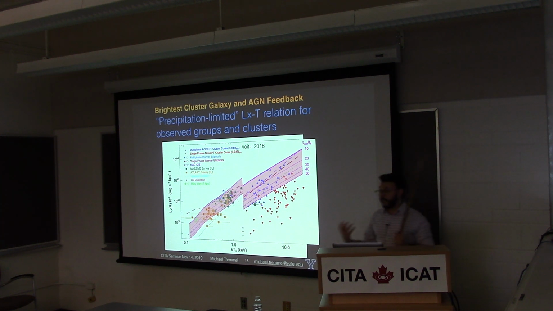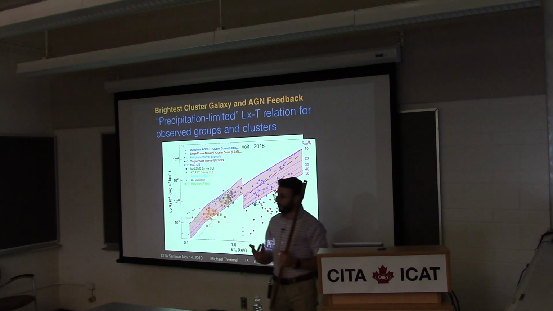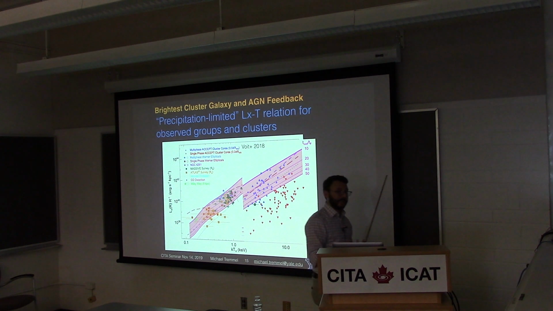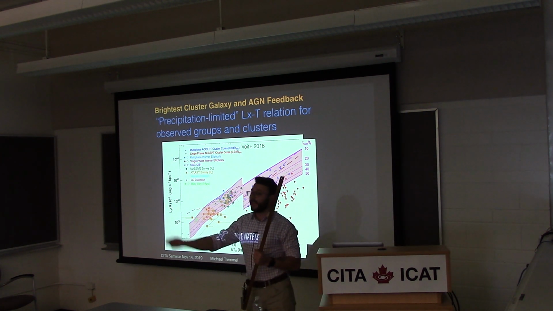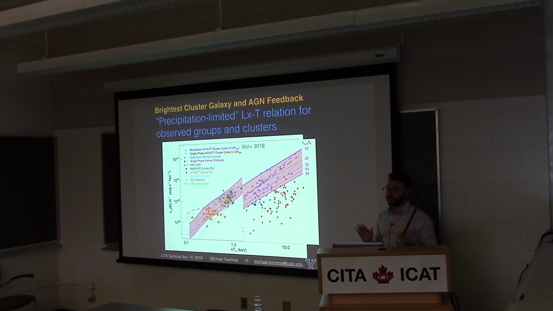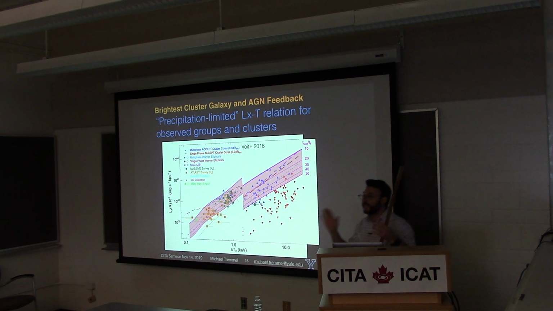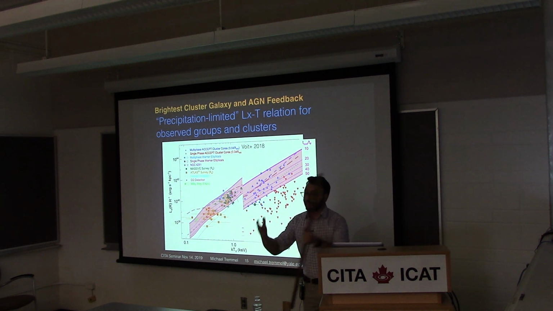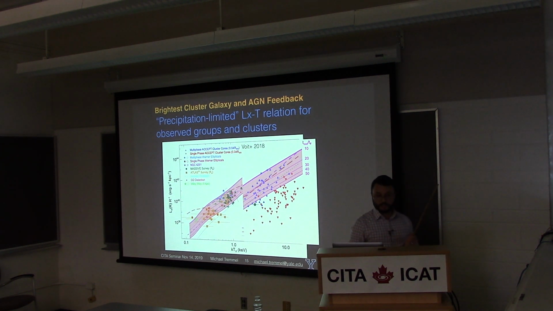And this makes sense. As your gas gets longer cooling times relative to the freefall time, it's less able to keep up with the cooling, and it's more likely that it's going to eventually find a place of buoyancy and not fall directly towards the center. So this is essentially regulating the amount of gas that's able to cool fully and fall towards the center of the cluster.